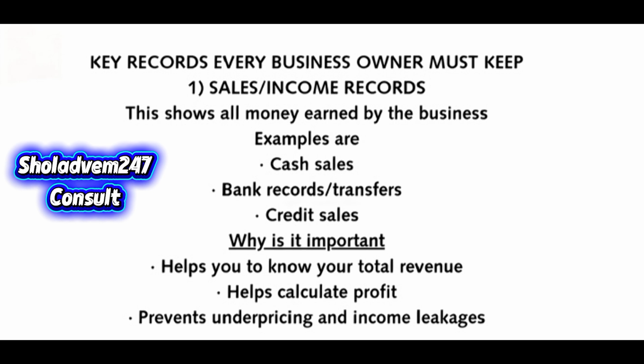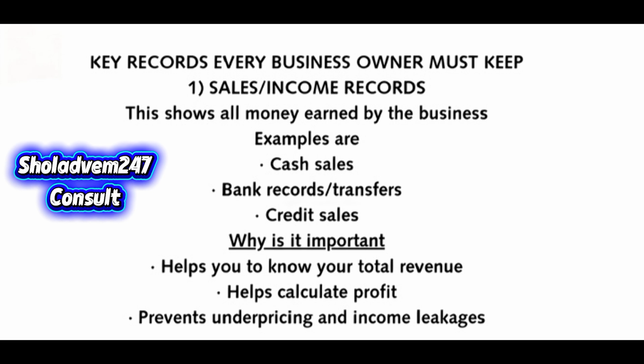Number one record is sales or income record. A sales or income record is a record that shows and displays all the money that is earned by a particular business. Examples are cash sales, bank records or transfers, or credit sales.